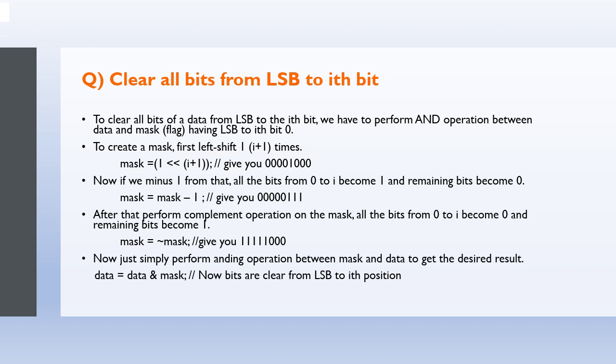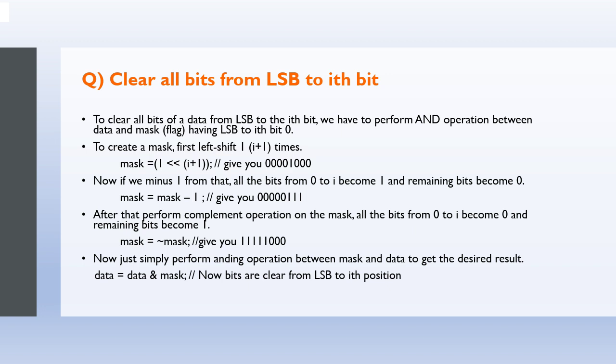From that, all the bits from 0 to i become 1 and the remaining bits become 0, right? After that, perform the complement operation on the mask, that is, the one addition here is mask equal to complement of mask. You complement it so that I'll have something like this: 1 1 1 1 1 0 0 0.